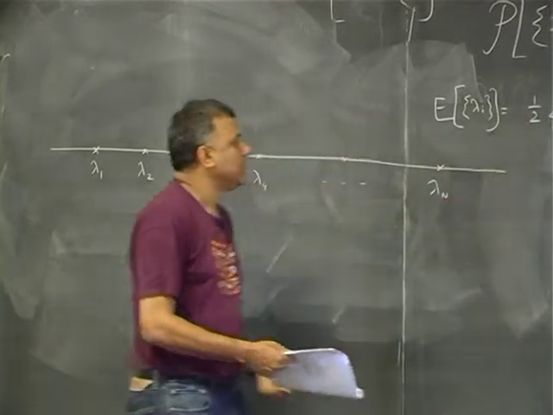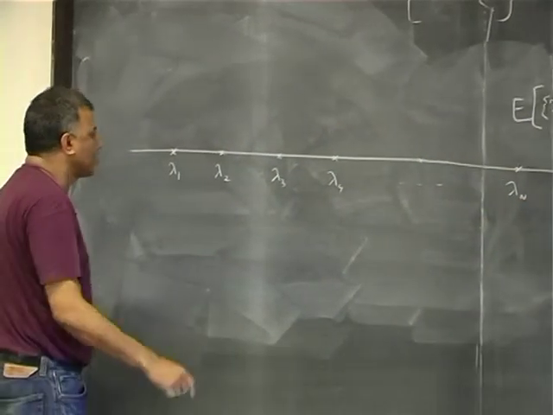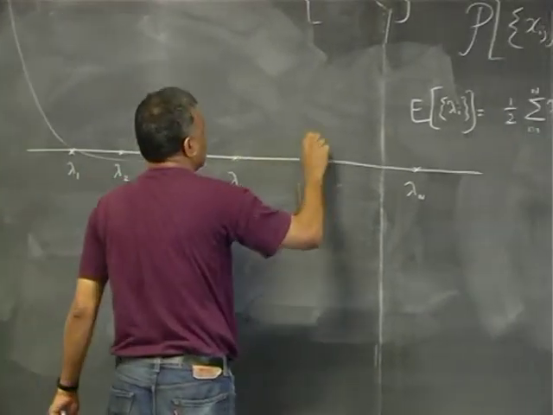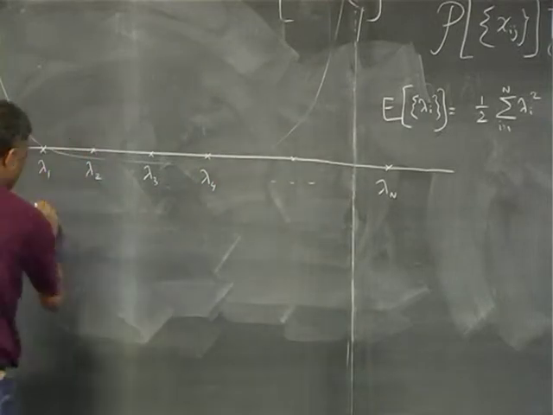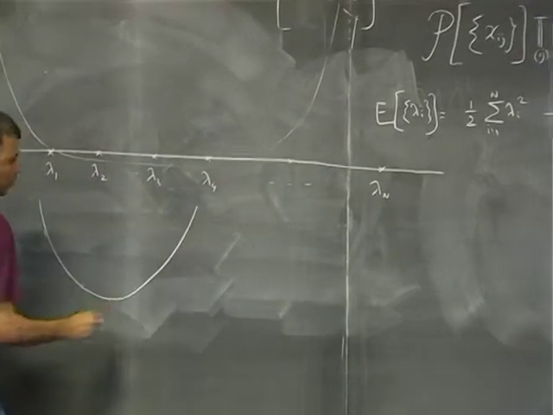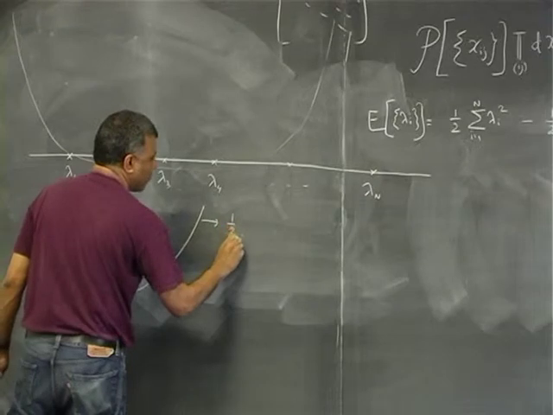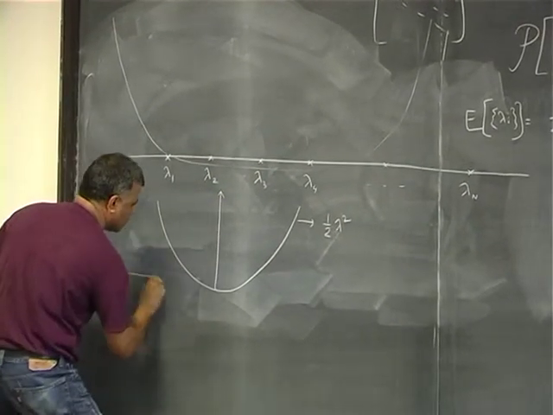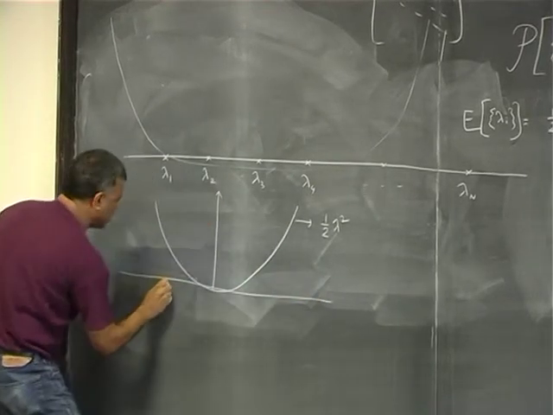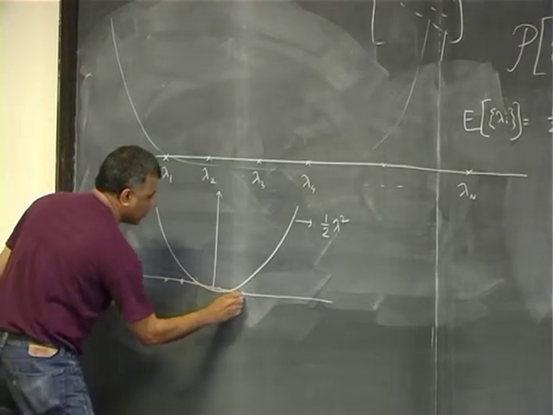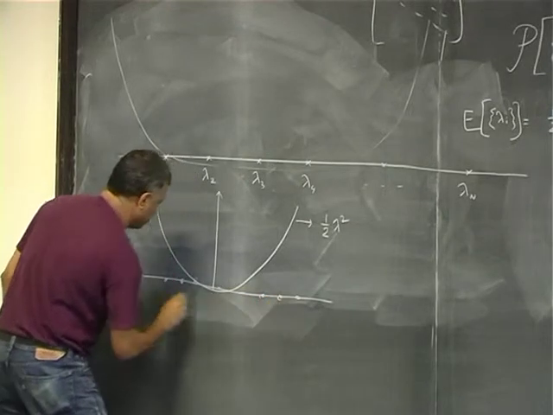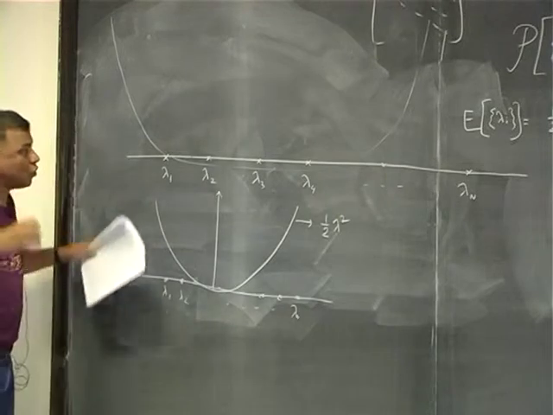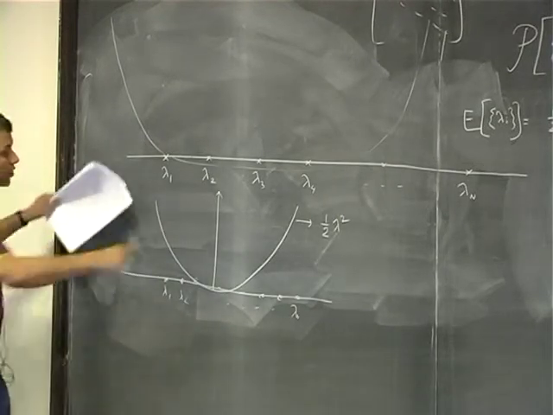What is this part? This part says that these charges all feel an overall confining potential. This is a quadratic confining potential. So the charges are sitting there, and all of them are feeling this external potential.